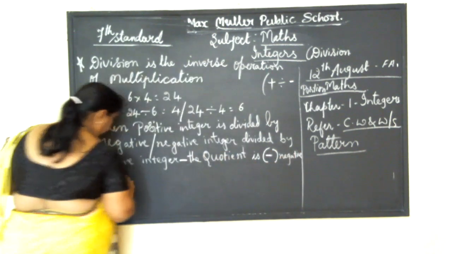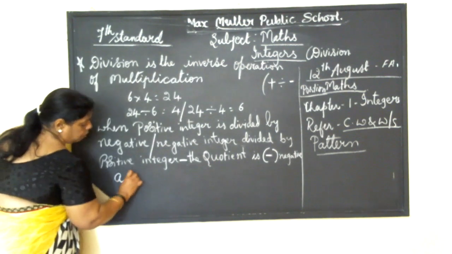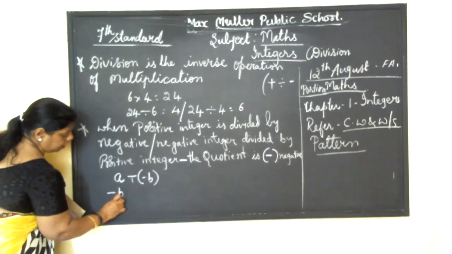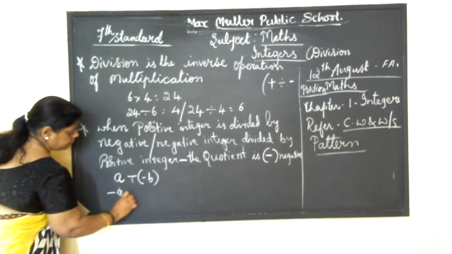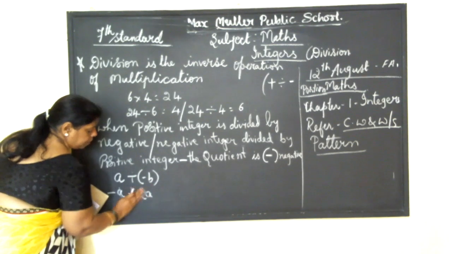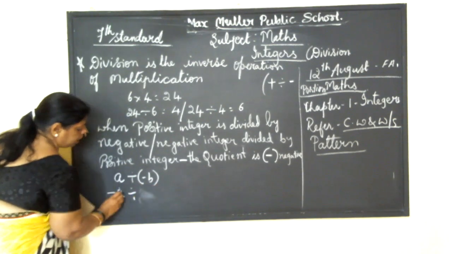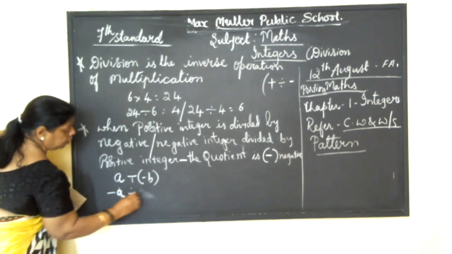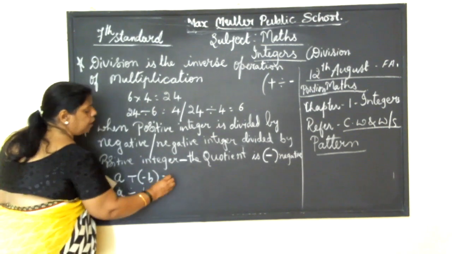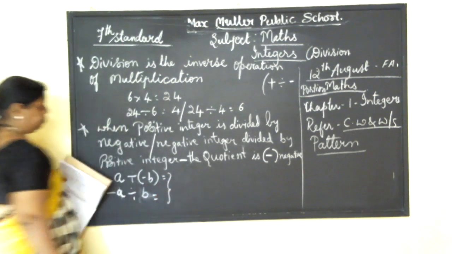Suppose A is divided by minus B, or minus A is divided by B. You get the answer negative only.